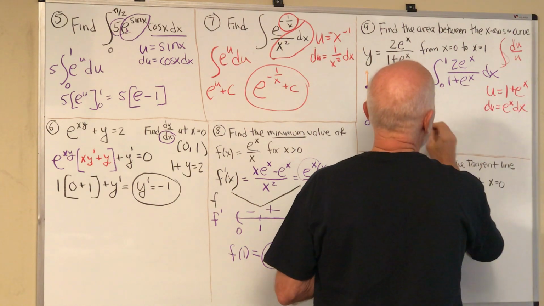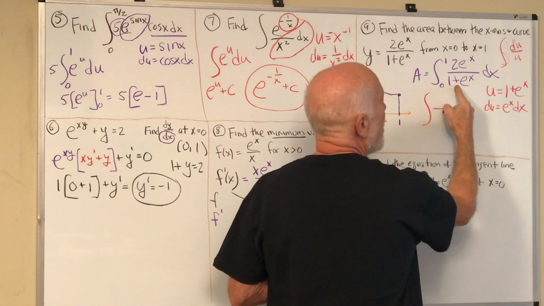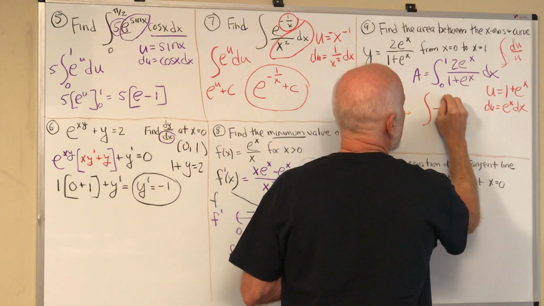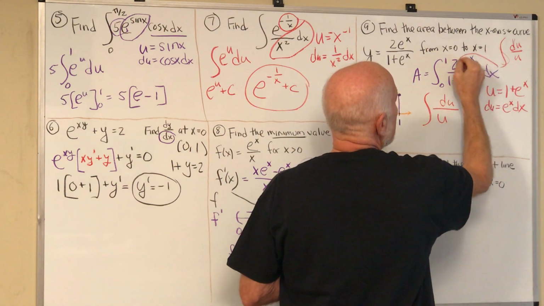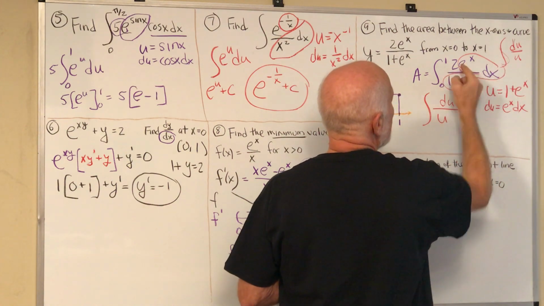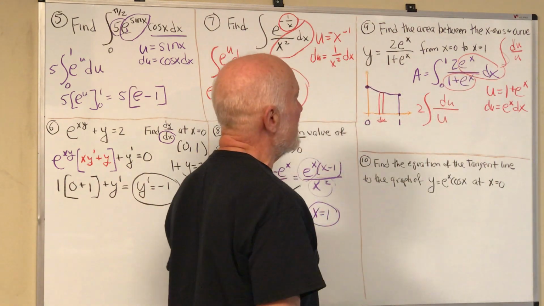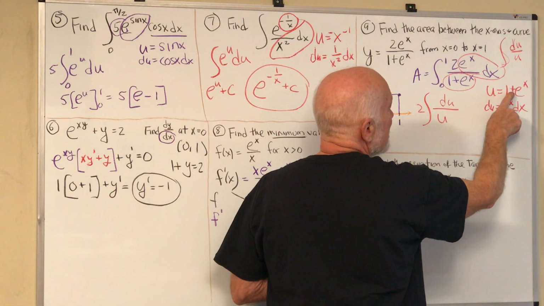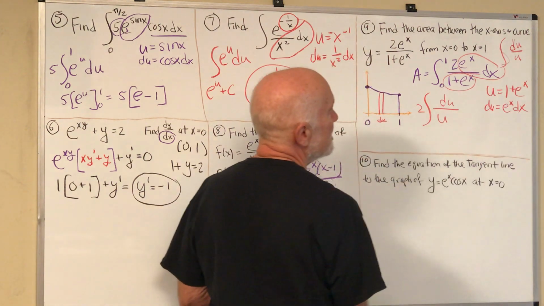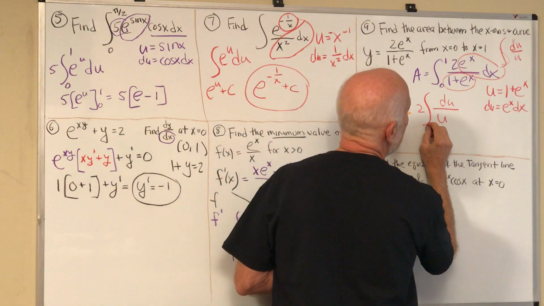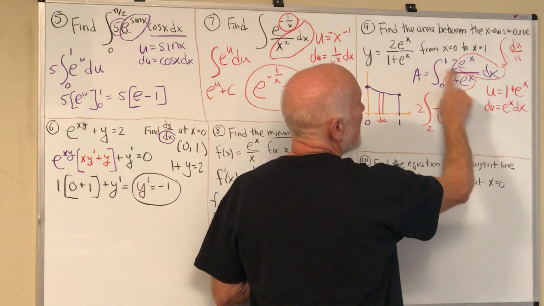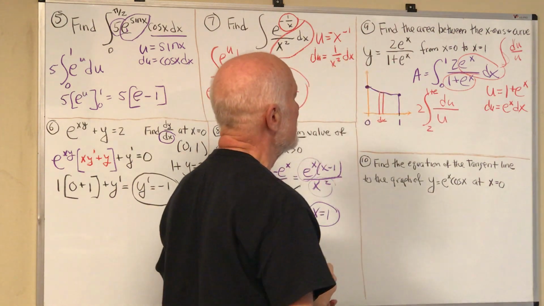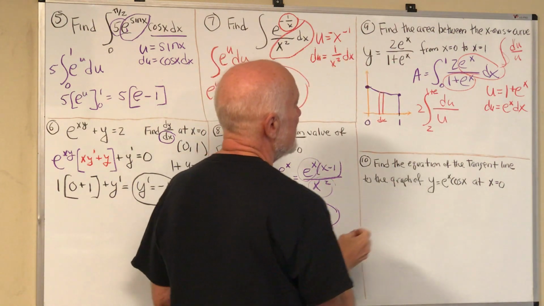So when I go to rewrite this, the bottom all becomes u, the e to the x dx becomes du, and the only thing I haven't taken care of is the 2, which I can put out front. 0 becomes 1 plus e to the 0. So that's 1 plus 1 or 2, and 1 becomes 1 plus e.